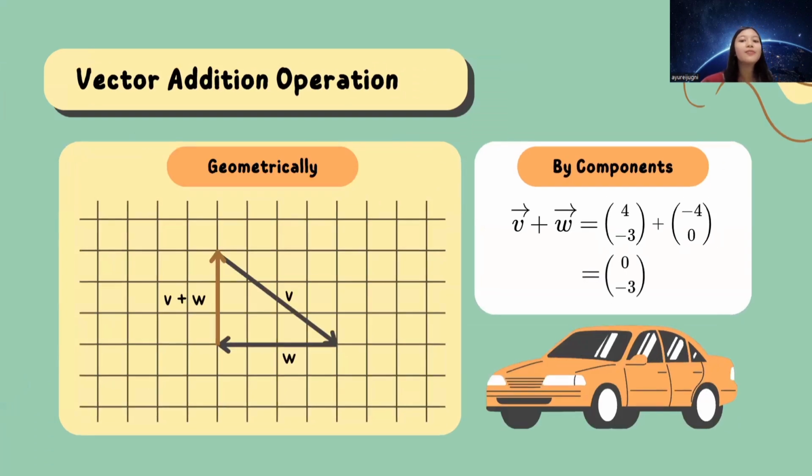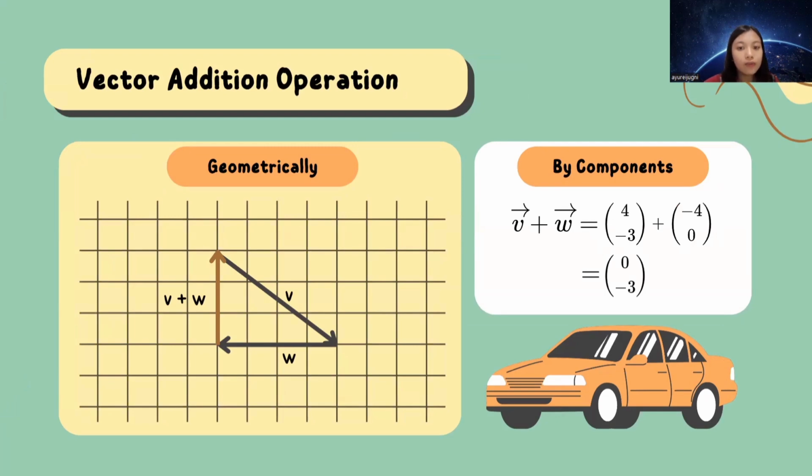Next, we will learn vector addition. There are two ways to add vectors, geometrically and by component. In the geometric method, we place the tail of the second vector at the head of the first vector.